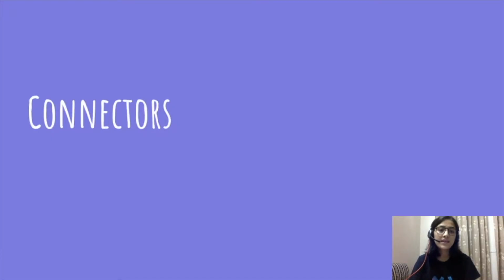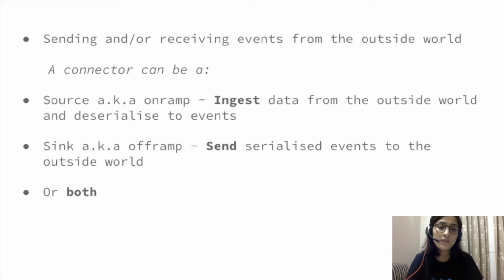So before we get into the details of the project, let's first understand what a connector is and what all it involves. Connectors serve the purpose of sending events to and receiving events from the outside world. A connector can be an event source, also known as an on-ramp, or an event sink, also known as an off-ramp, or both.